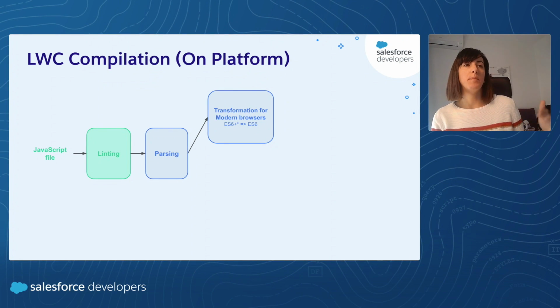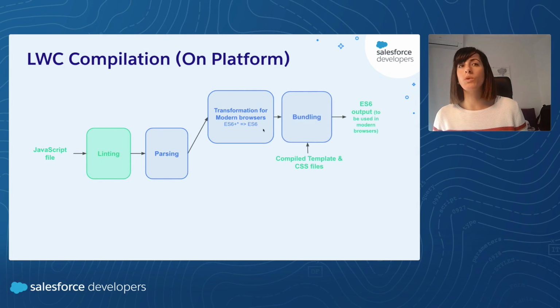Thus, there is a branch in which we transform ECMAScript 6 Plus syntax features to ECMAScript 6, and that is the code that we are going to use in modern browsers.